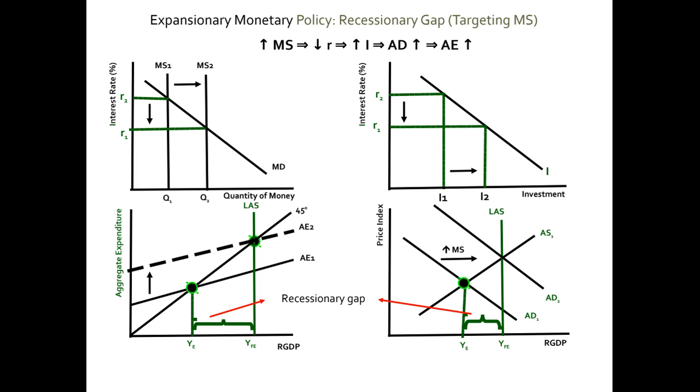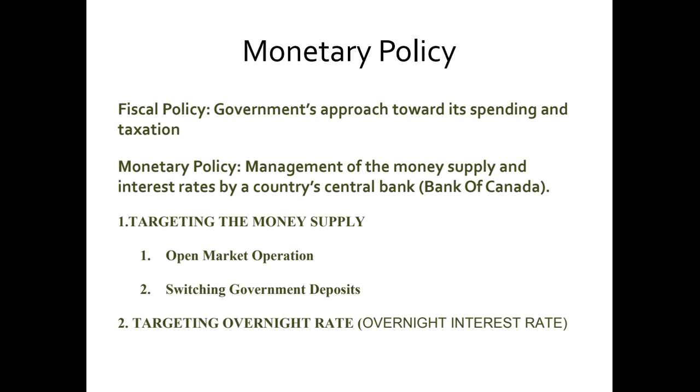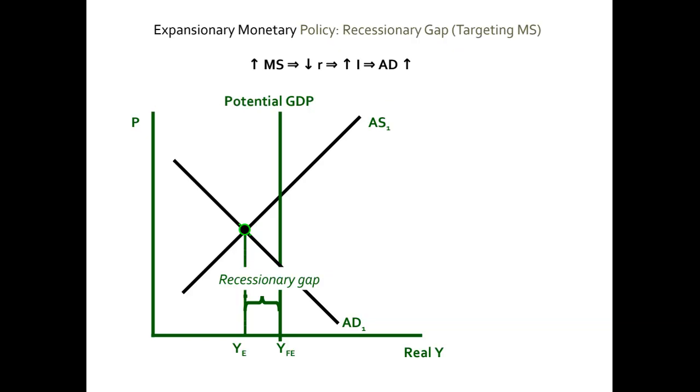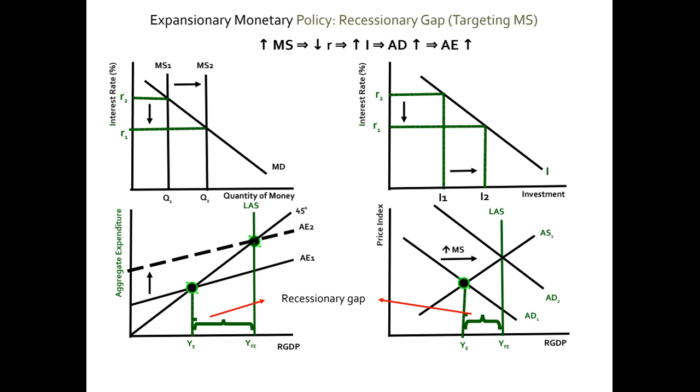So initially, the central bank increases money supply through open market operation or switching government deposits. By open market operation, I mean the central bank buys and sells bonds in the secondary bond market.